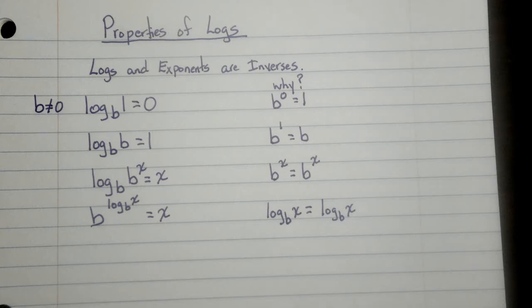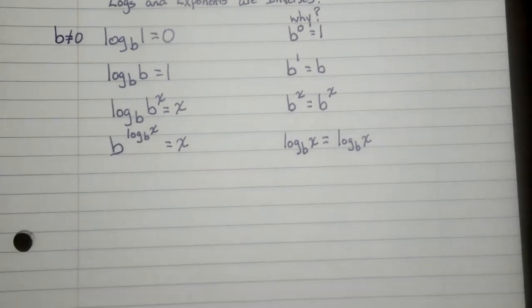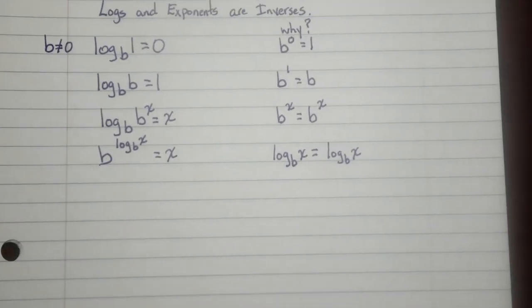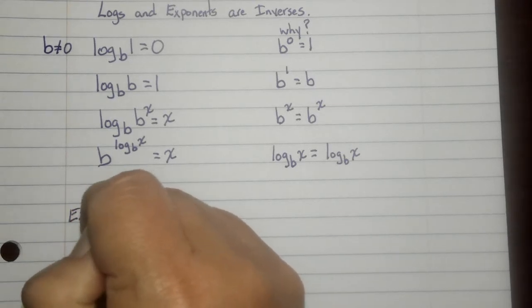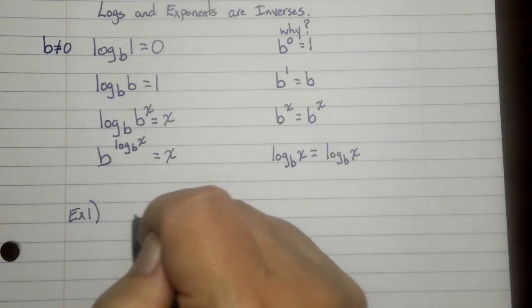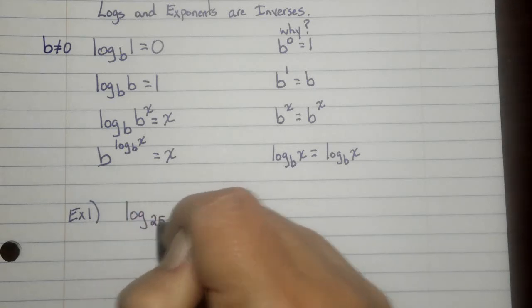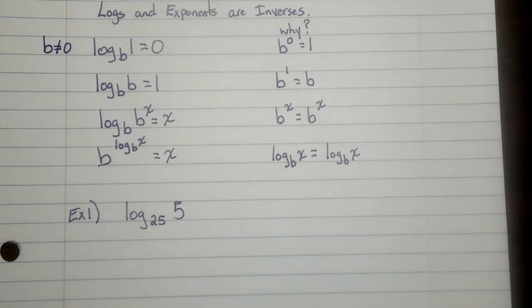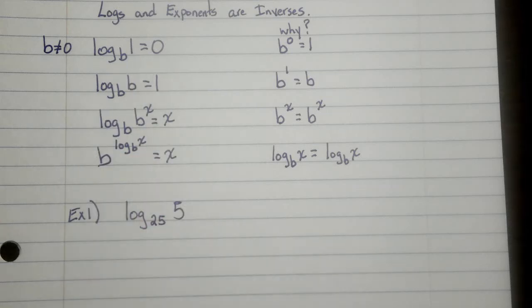Alright, so now let's put these properties into play to evaluate some logarithms. We want to evaluate logs based on properties. We're not going to use our calculators at all. So example 1 is going to say log base 25 of 5. So I want this log expression to come out looking like one of these.